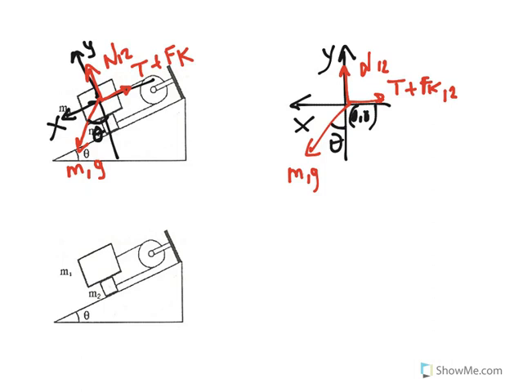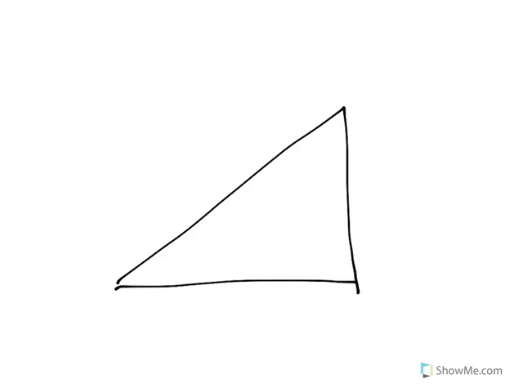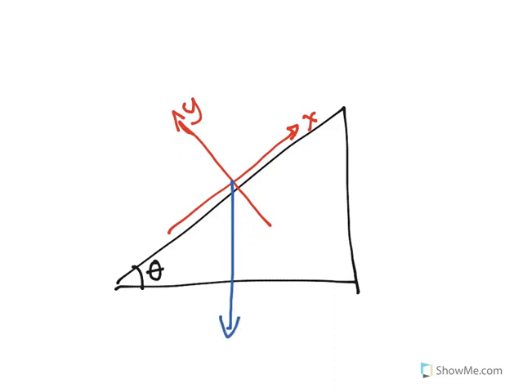Many students want to know why this angle is theta. That's very simple. If we have the incline plane, this is a huge incline plane so that you can see it, and this is the angle theta. If the x-axis goes towards this direction and the y-axis goes towards this direction, the force F goes towards this direction.